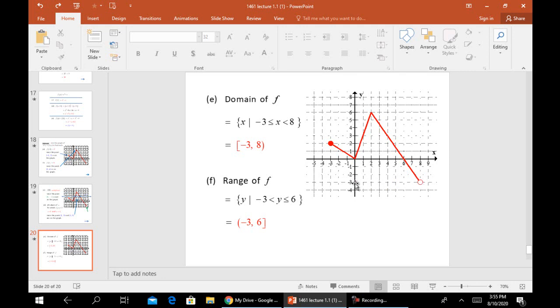So you start at -3 and then you go all the way up to 6. 6 is included, so we put a parenthesis at -3, and at 6 we put a square bracket. Once again, the parenthesis at -3 because -3 would correspond to 8, but this circle is not filled in, or it's a deleted circle, so that means f of 8 is not defined.